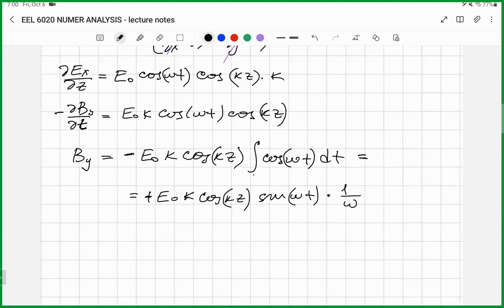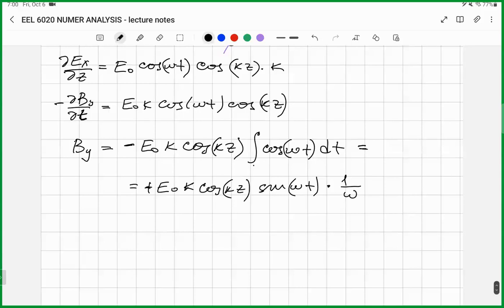So basically this is the answer. Now let us also use the fact that k is equal to omega over c to get rid of this omega here.